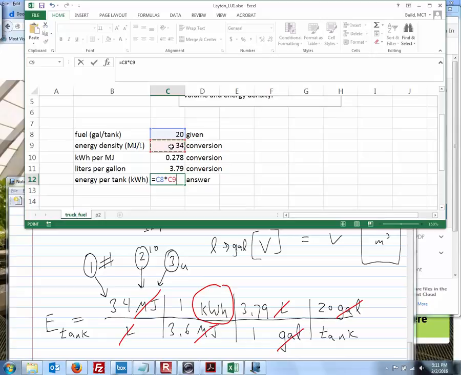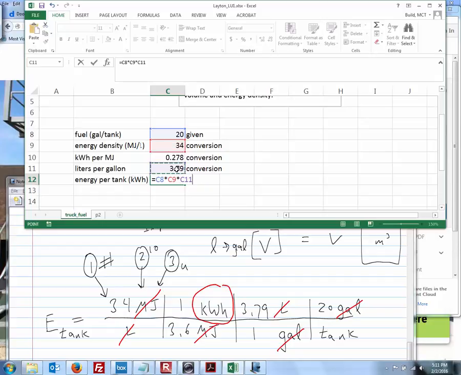And then times, I know that 3.9 is also in the numerator. Now the question is, what do I do with that 0.278? Do I divide it or do I multiply it? Well, if the 0.278 were the 3.6, I would divide it, but instead I'm going to multiply it.